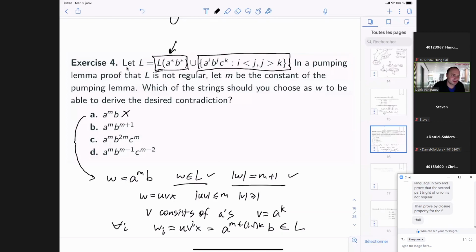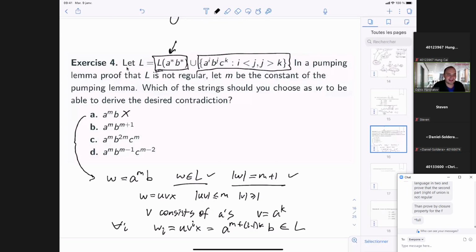Then, prove by closure properties for the F. Yes, you could prove by closure properties. For instance, you could take this language and intersect it with a star, b star, c star, and then that would get rid of the first portion, kind of. Or you need to insist that C is at least 1. You can try to do that, and that's true, that would work.